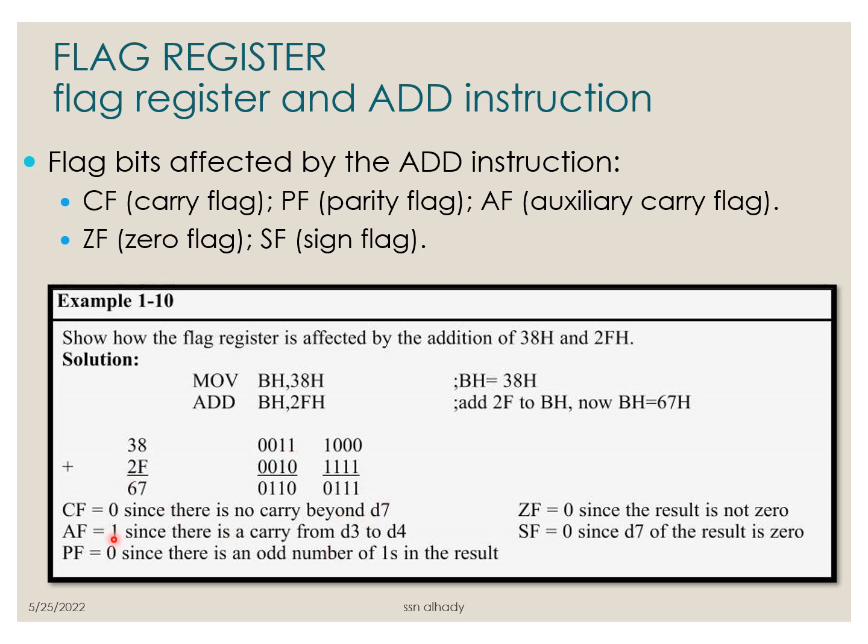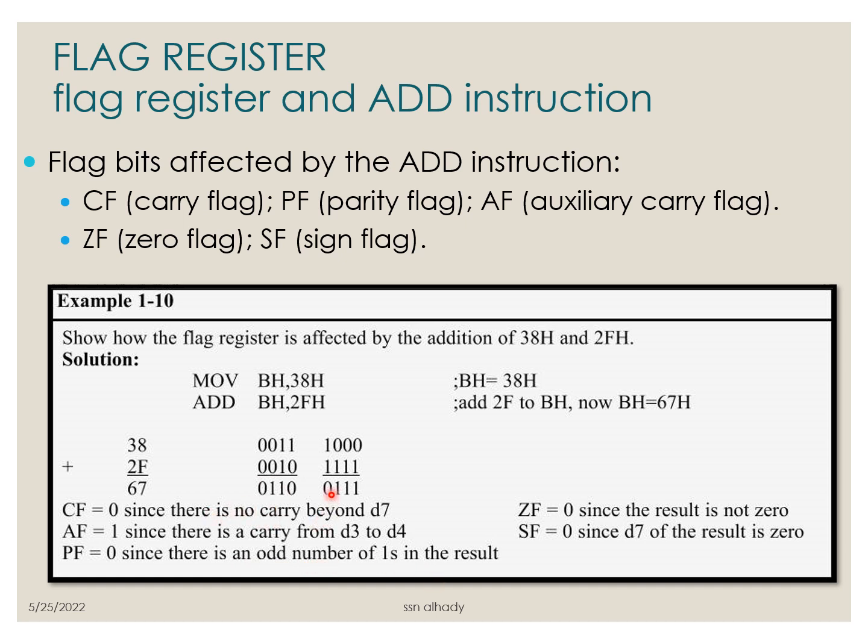Where the carry flag will be 0 since there is no carry beyond D7. The auxiliary flag is 1 since there is a carry from D3 to D4. D3 to D4: 1 plus 1 is going to be 0, then you have a carry at D4. The parity flag is 0 since it is an odd number.